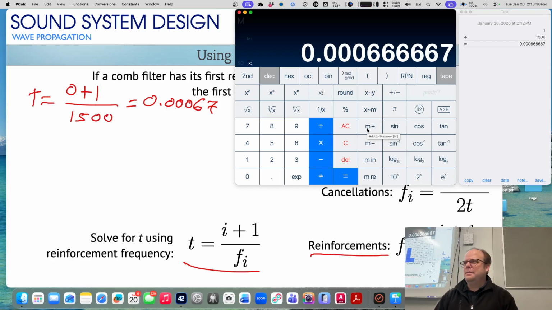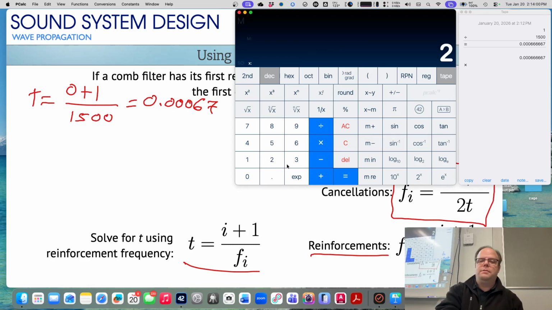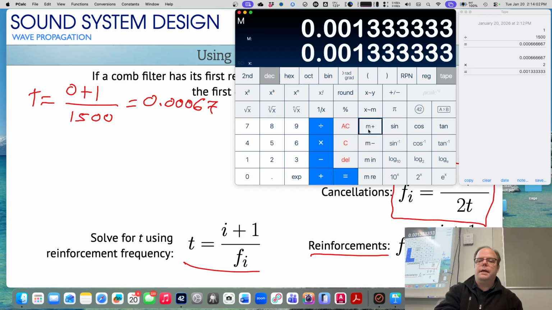Okay, so that's t. We got it. And I want to find out what the first cancellation would be in that scenario, so now I'm going to switch over to this equation. Now I need to know 2 times t. I've got t already loaded in my calculator, so I'm going to multiply it by 2 and plug that into my memory.